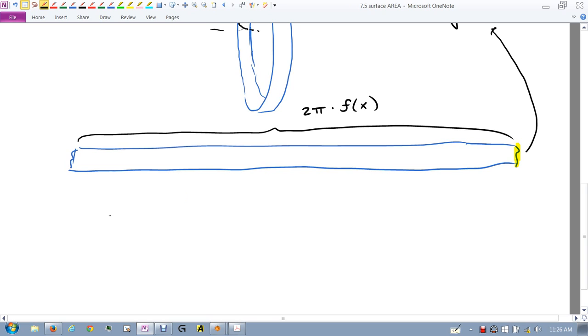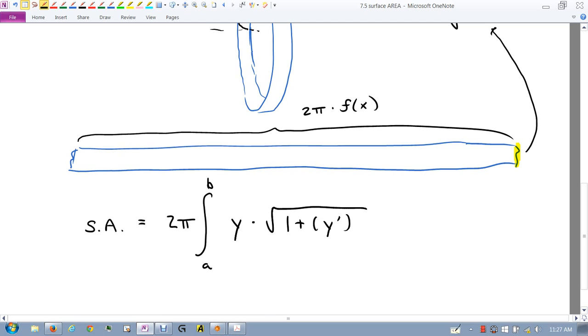So what we get for the surface area, again, if you just like formulas, is the integral from a to b. Now there's a 2 pi in the formula that can come out. Instead of f of x, I'm going to say y, because y is the function of x, times the square root of 1 plus y prime squared dx.